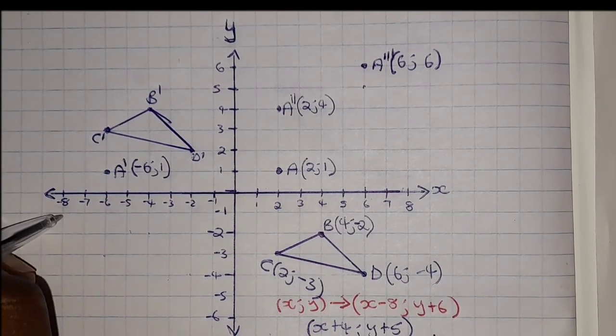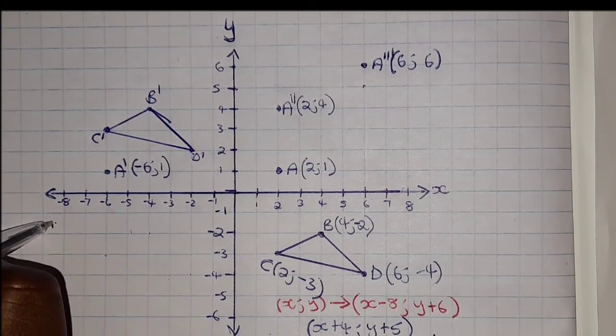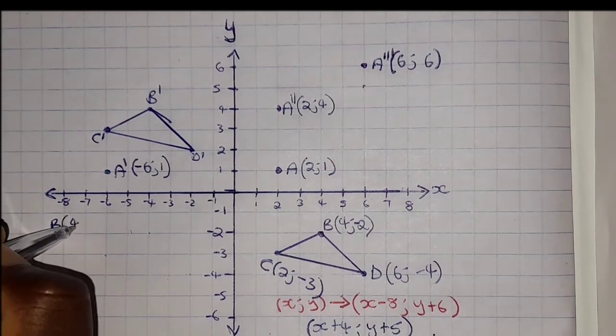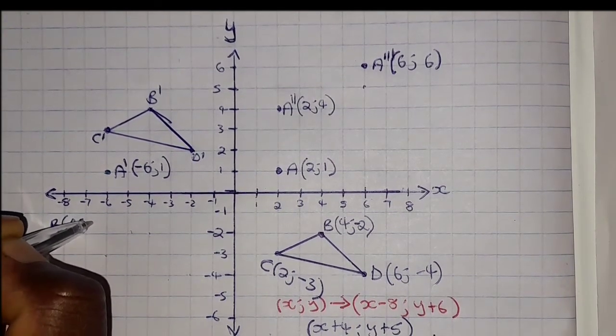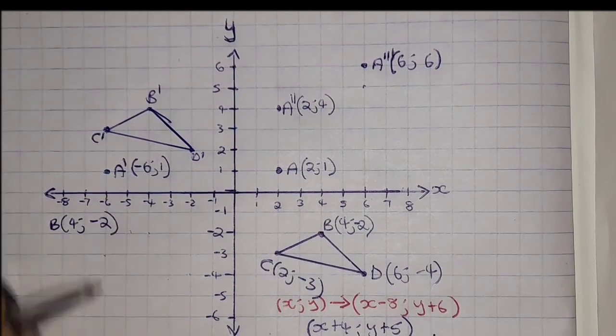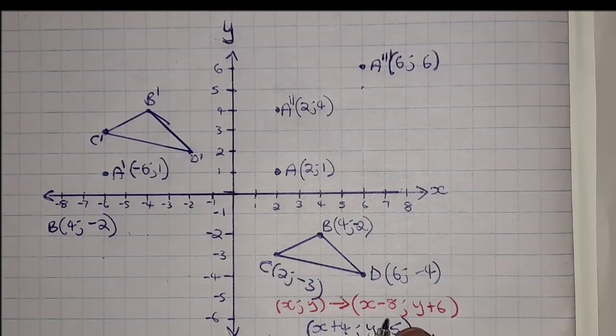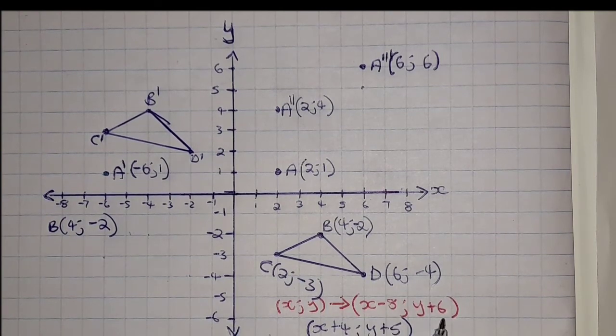If we are using calculation, I'm starting with B. B is 4, negative 2. And according to our rule, we are saying minus 8 or 8 steps to the left, or plus 6.